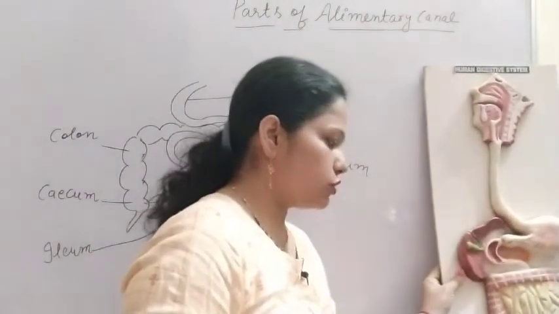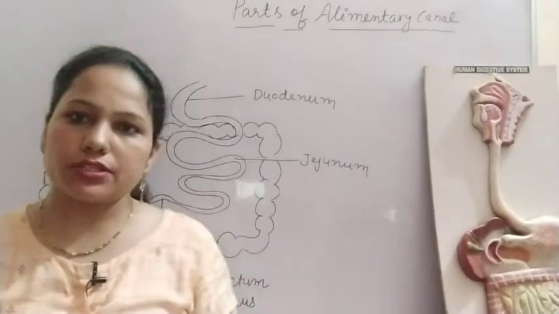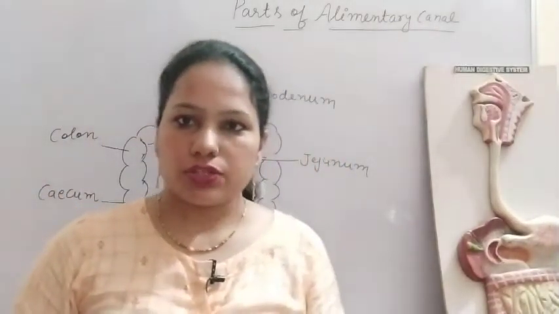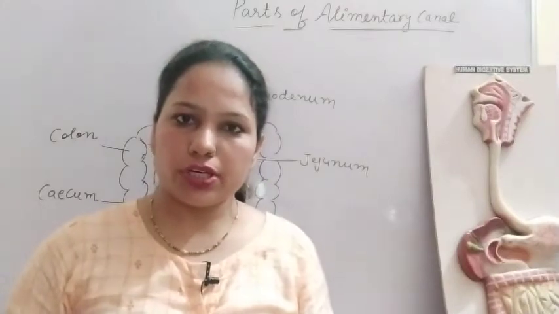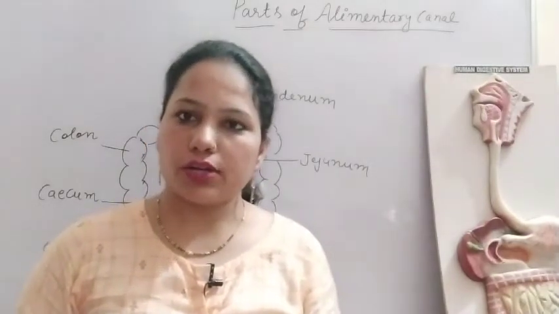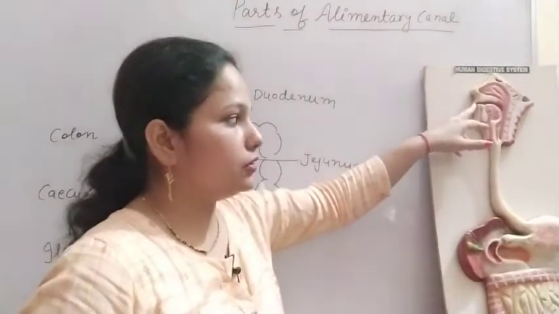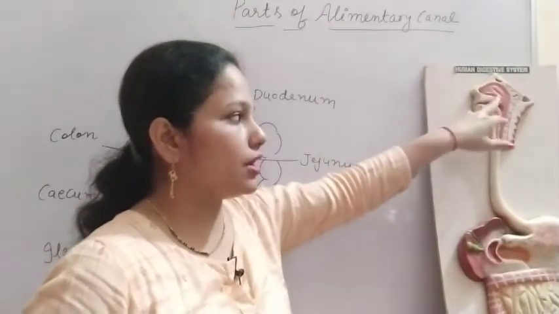So you understood it well. We discussed all the parts of the alimentary canal, starting from the mouth up to the anus. The first part of the alimentary canal is the mouth, and the mouth opens into the oral cavity.